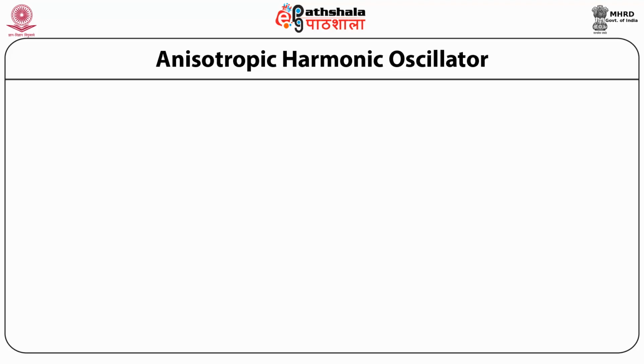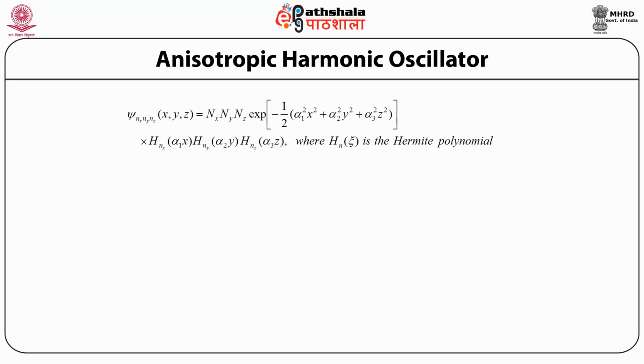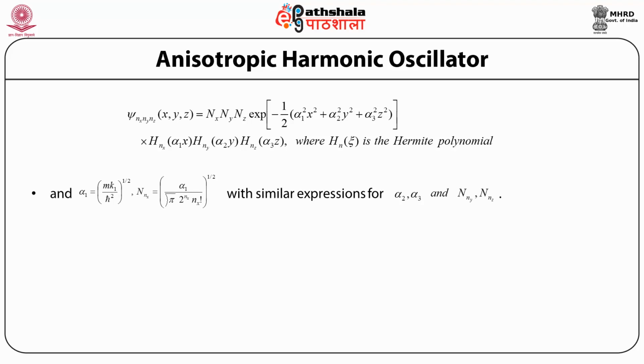For the anisotropic harmonic oscillator, they are given by ψ(nx, ny, nz)(x, y, z) = Nx Ny Nz exp[−½(α1²x² + α2²y² + α3²z²)] H_nx(α1x) H_ny(α2y) H_nz(α3z), where H_n is the Hermite polynomial and α1 = (k1/ħ²)^(1/2), and Nx = (α1/√π 2^nx nx!)^(1/2), with similar expressions for α2, α3, Ny and Nz.